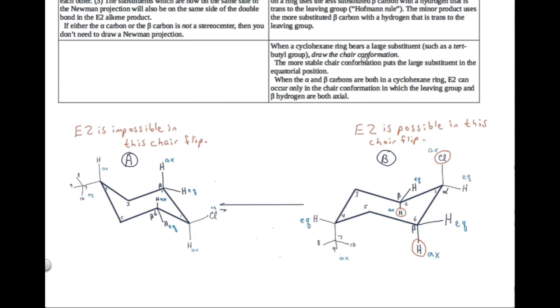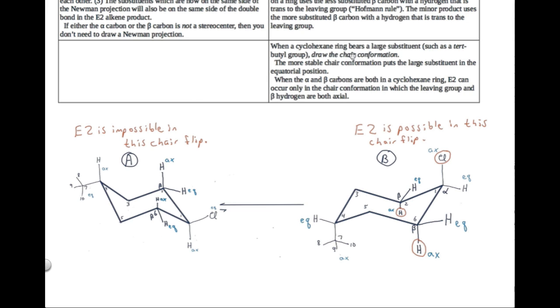So be careful when you're learning these rules. Notice that you can't just learn equatorial good or axial good. You can't just say in your mind equatorial good or axial good. You need to be more detailed. Remember that the equatorial position is the better place to put the large substituent to give you the more stable chair conformation.